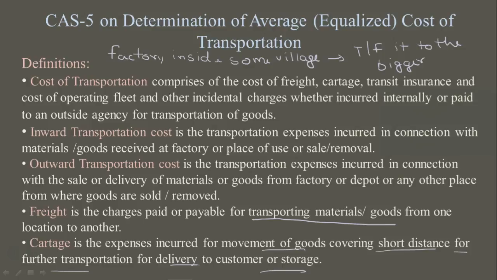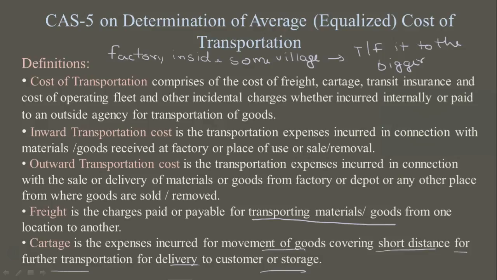When there is a lot of distance covered between factory and depot, suppose the depot is around 10 kilometers away from the factory, what they have to do is pay cartage for transferring the goods, not the freight. Freight is for the high distance. But when we are going for the short distance, then there is cartage.